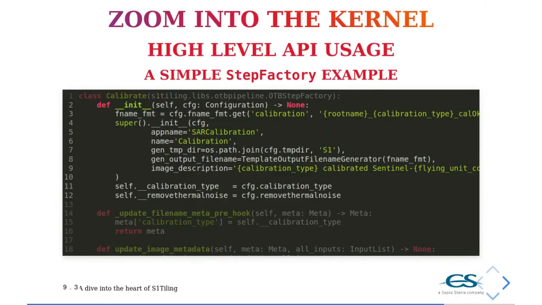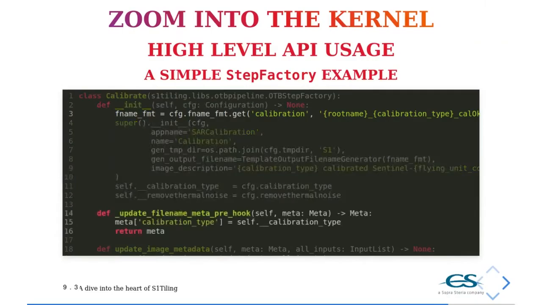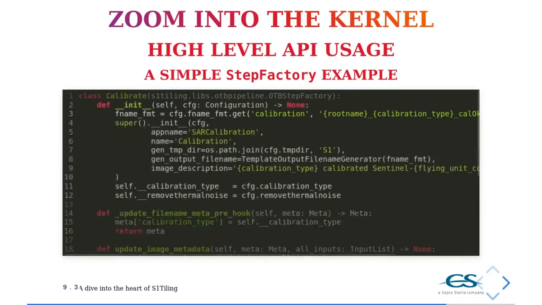The root name is automatically generated, but the calibration type will be injected in a function. It is a hook that is called automatically. Other information is stored. We also save the name of the description for the GeoTIFF metadata.